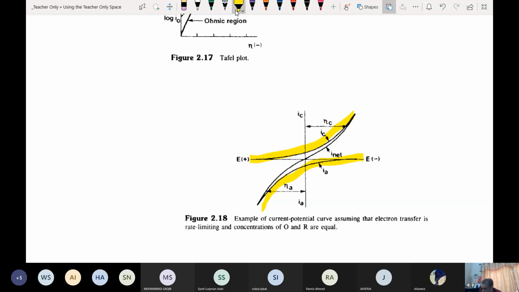It is coming from the cathodic exponential branch, and this one is coming from the anodic exponential branch. And the one which is in the middle is giving us the net current. So what we note is that net current is passing through the origin. Okay, it is passing through the origin. It means that what will be the potential at the origin?